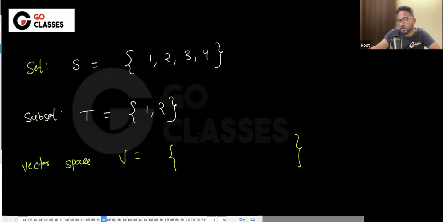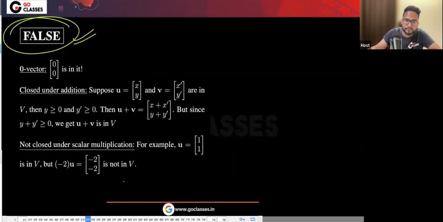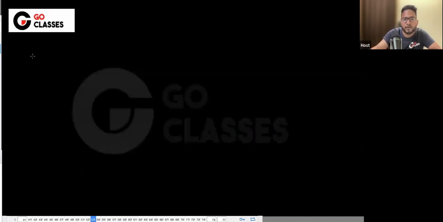For example, if this is the vector space I define, is 0 part of it? Yes, if k is 0, then it will be 0, right? So 0 is part of all vector spaces. Maybe if you want, I can write it: 0 must be part of it.